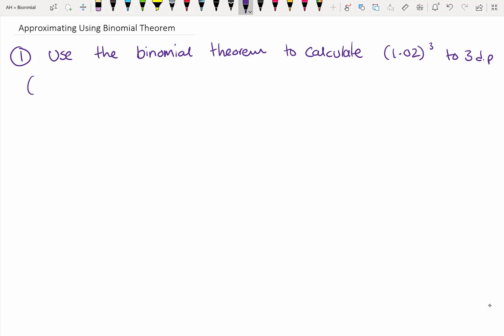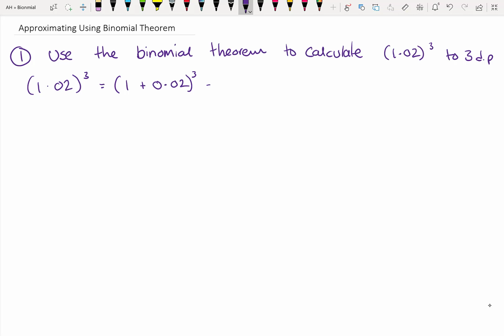So what we're doing here is we're thinking about this as 1.02 cubed as 1 plus 0.02 cubed. What we're going to do is we are going to expand it out using our binomial theorem.